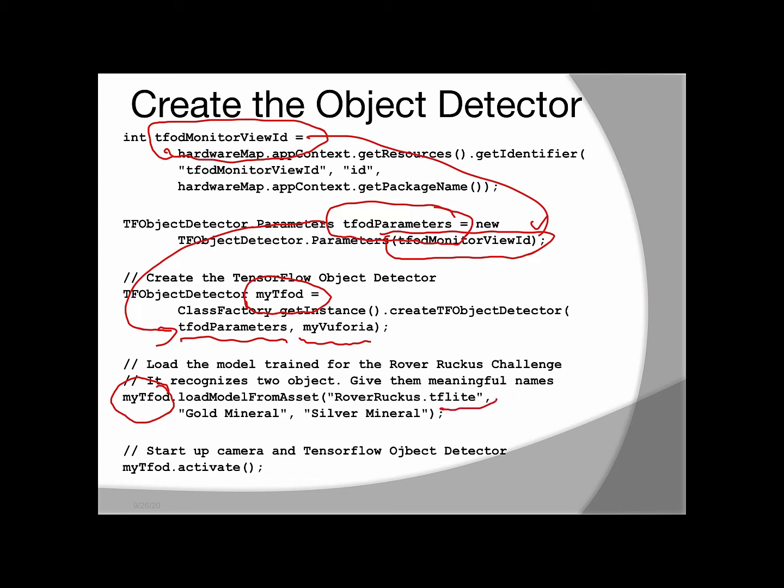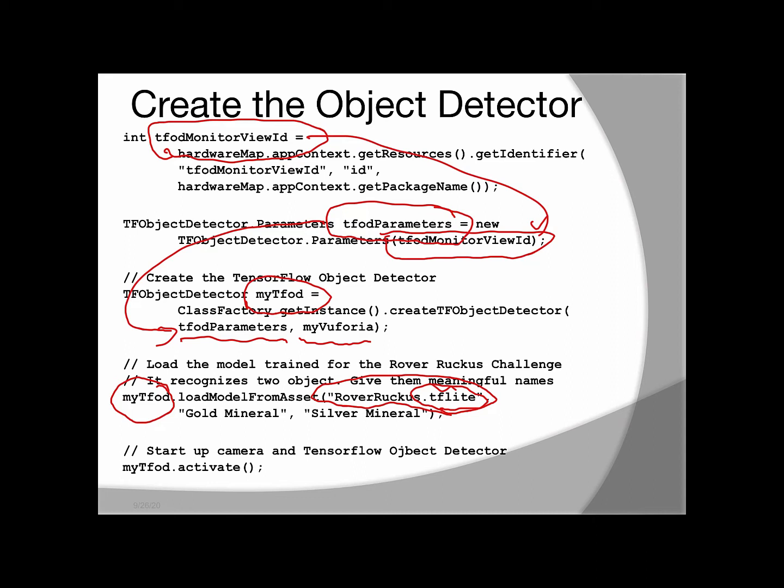And the model that we're going to use is the one for Rover Ruckus. And that model is good for recognizing silver minerals and gold minerals. And you'll notice that it's part of the assets directory, and it has a file extension of TF-LITE, which is TensorFlow Lite. And TensorFlow Lite is the version of TensorFlow that runs on small computers like Android phones and compute hubs.